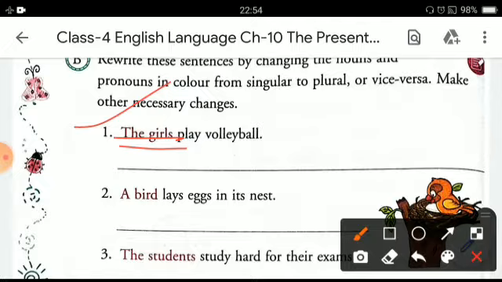And in the same way you will be doing the rest of the sentences. If it is in singular form, you have to convert it into plural, and if the noun in the sentence is in plural form, you have to convert it into singular.